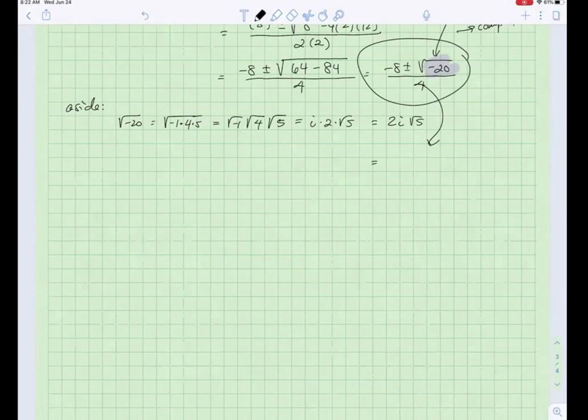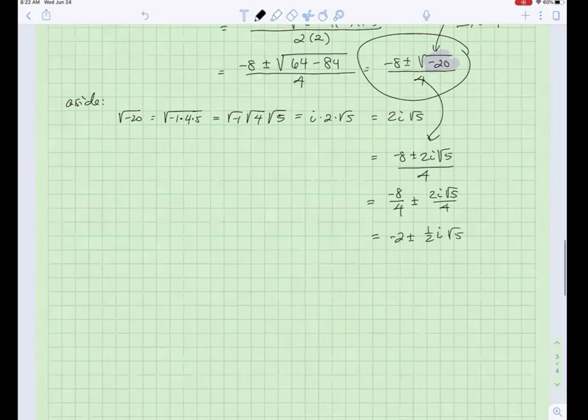This is negative 8 plus or minus 2i root 5 all over 4. And if I break that up into two pieces, that's negative 8 over 4 plus or minus 2i root 5 over 4, or negative 2 plus or minus 1/2 i root 5.